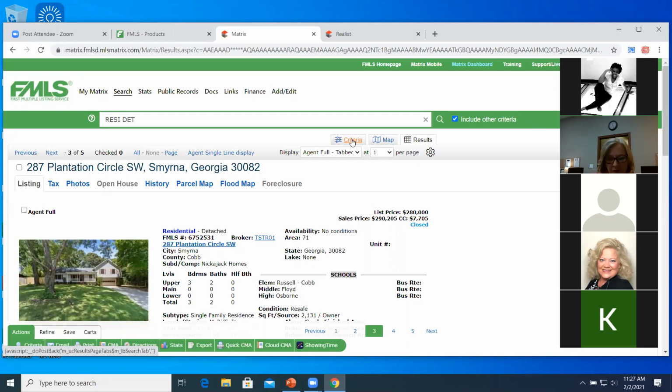I don't know if you guys have gotten this far yet, but when I list a property and it gets an offer on it, what I do is I create an appraisal package. And I'm sure you've heard of that. I put these comps in, and sometimes I have to update them depending on what the offer is.